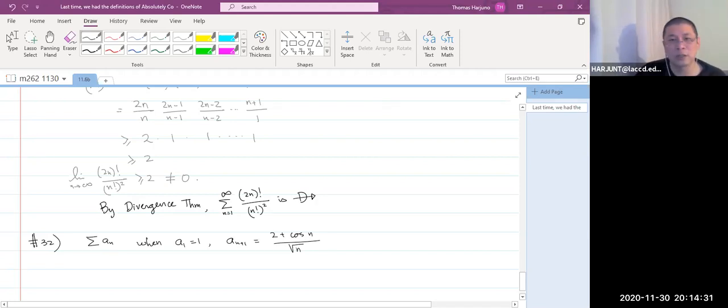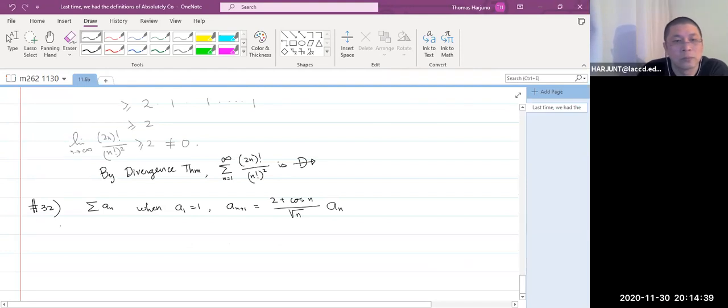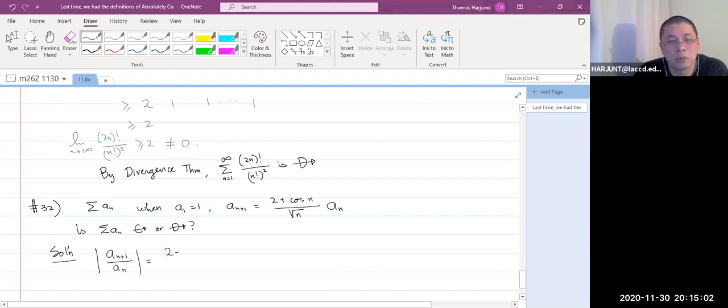Determine whether this series, the sum of a sub n, is convergent or divergent. Solution. I think I can do ratio test, right? The ratio test will be (2 plus cosine n) over square root of n.